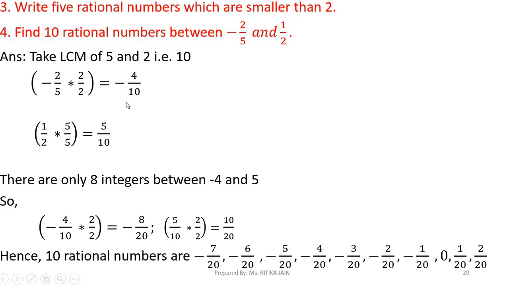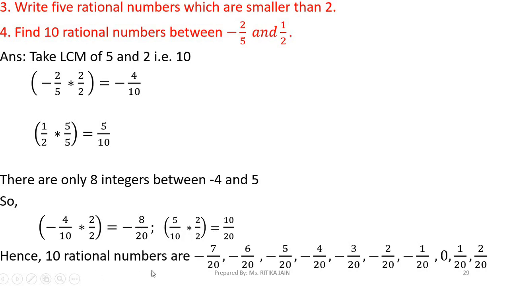So, we will move to the second step. Again, we will take these as new rational numbers and perform the multiplication. Here I am using an integer to multiply -4 by 10 by 2 by 2. It will give me -8 by 20. And on multiplication of 5 by 10 by 2 by 2, it will give me 10 by 20. Now clearly I have so many integers ranging from -8 to 10.